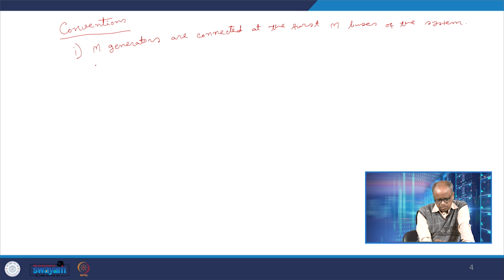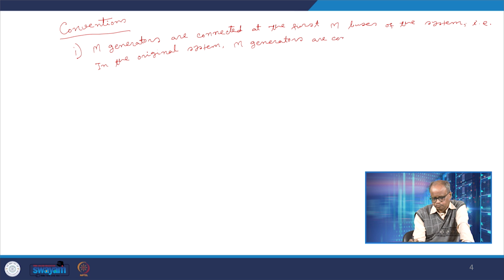That means in the original system, M generators are connected at bus number 1, 2 to M. These are our conventions.